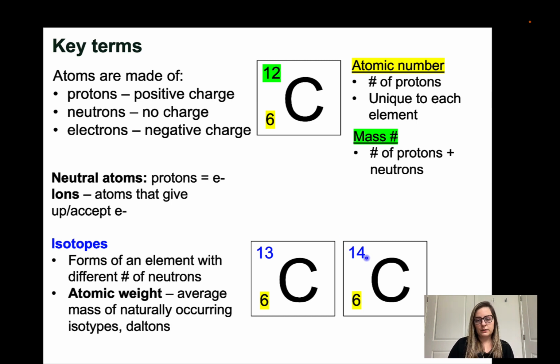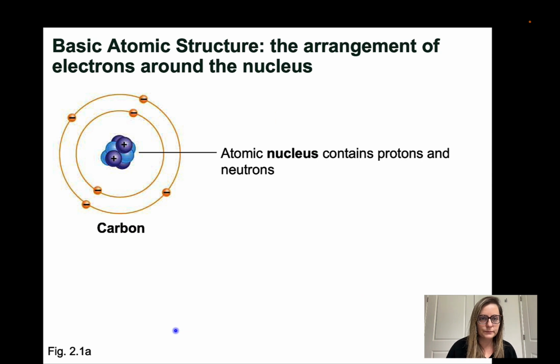So this number can change, and in the periodic table, this number up here is usually an average of the naturally existing isotopes. This can also tell us a little bit about atomic weight, which is the mass of naturally occurring isotopes, and it's usually expressed as daltons. So it's just a quick look at how to process the information in a periodic table.